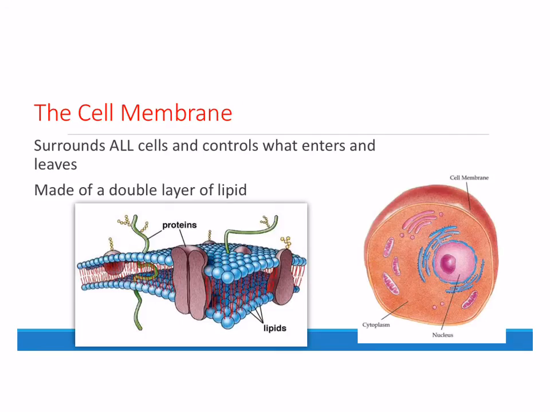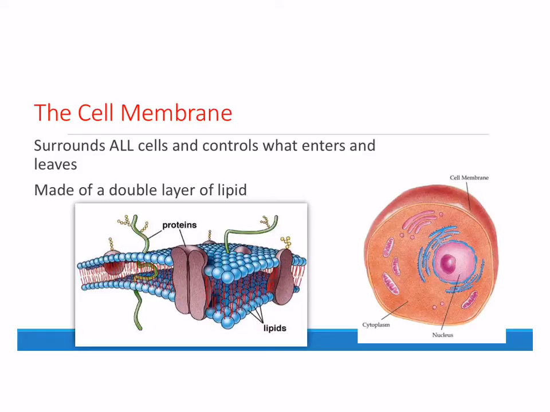Now, surrounding all cells, both prokaryotic and eukaryotic cells, we have the cell membrane. By the way, all of the terms that I want you to be sure to know I made in red. So in the previous slide you saw cytoplasm, in this slide you see cell membrane. All cells have a cell membrane. It is controlling what enters the cell and what leaves the cell.